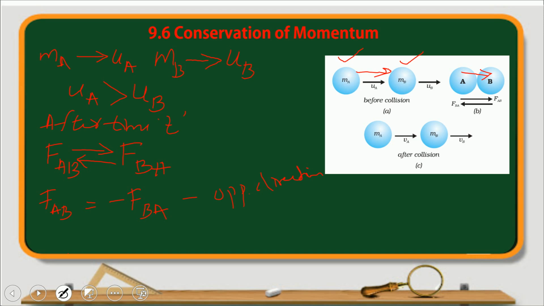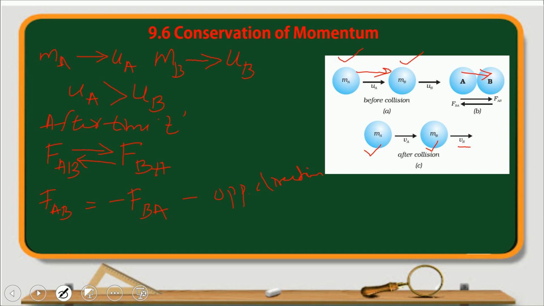We can assume that body B will start to move a little faster than earlier, and A will slow down a little, because some energy is passed to body B, the marble B. So VA and VB are the velocities after collision: VA is the velocity of mass MA after collision, and VB is the velocity of marble B after collision. Understand this much?